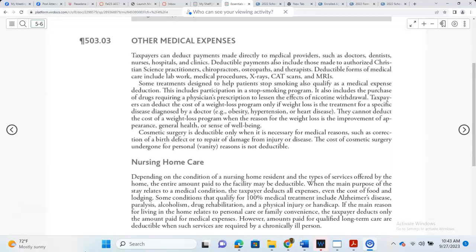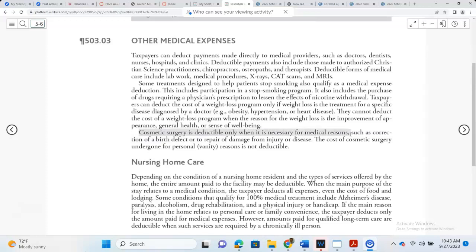Other medical expenses paid to doctors, dentists, hospitals, MRI, X-rays, those are all included. Cosmetic surgery, there you go. Normally your client will show up showing you a big cosmetic surgery bill.